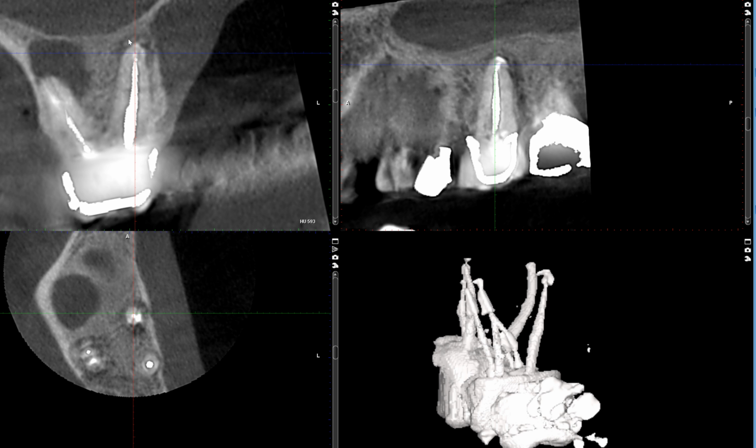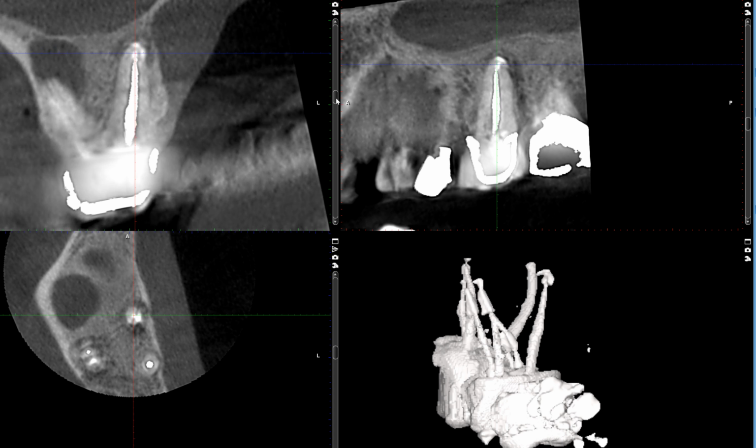However, it did not fully achieve the bone density of the adjacent bone, which is quite sclerotic to begin with as a result of inflammation. So I don't think there's any active inflammatory process going on along the palatal root, but just the two buccal roots.